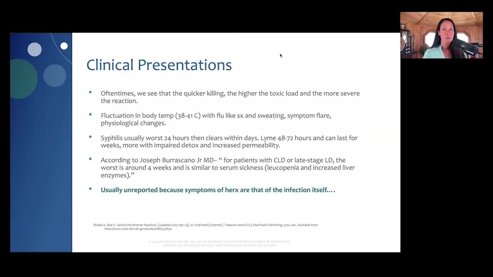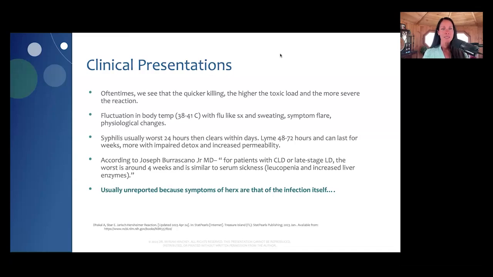Oftentimes we see that the quicker we kill things, the higher the toxic load and the more severe the reaction is going to be. If the amount of LPS being released from these dying bacteria is building quicker than our body is able to bind it, detox it, and get it out of the body, we're going to have more inflammation, more cell damage, more dysfunction, and more symptoms.